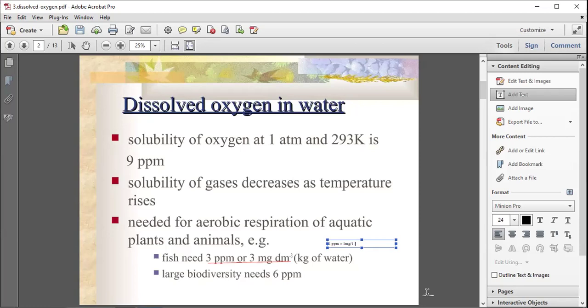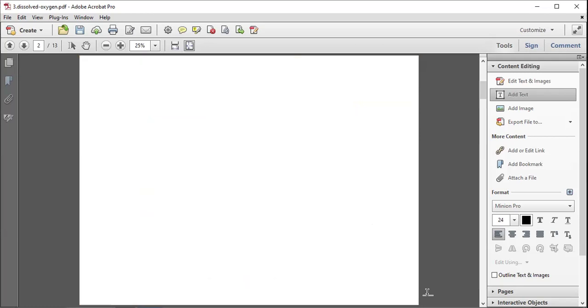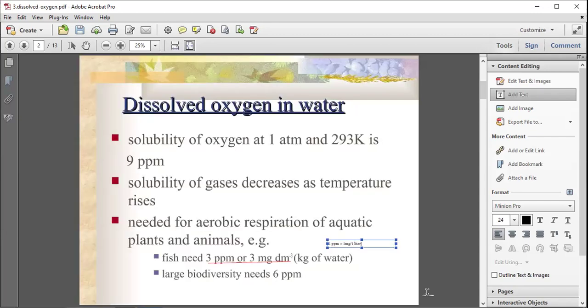Normally on some pesticide bottles they also mention the ppm level, how much amount of that chemical is used in a paddy field.